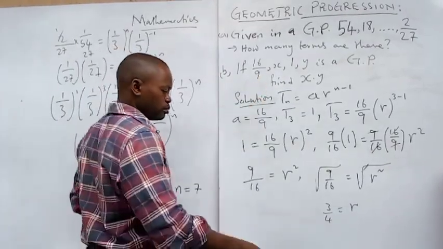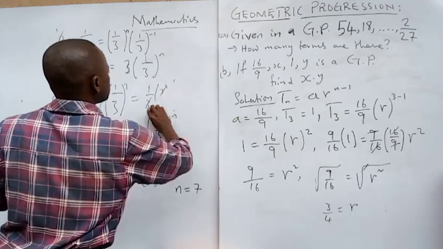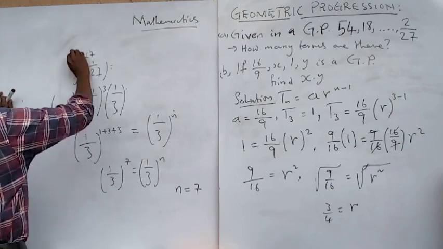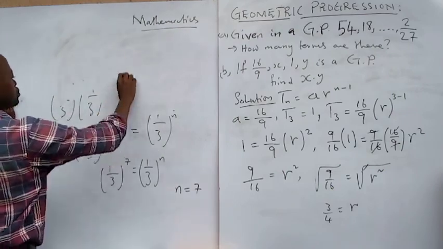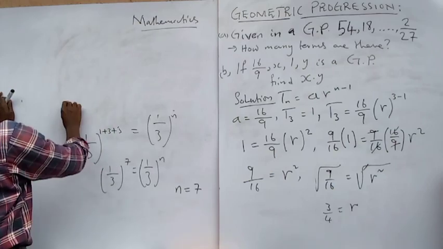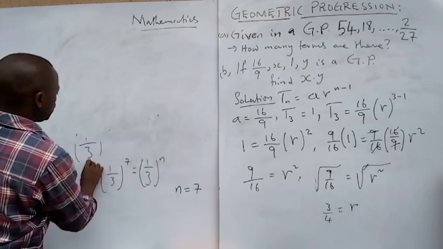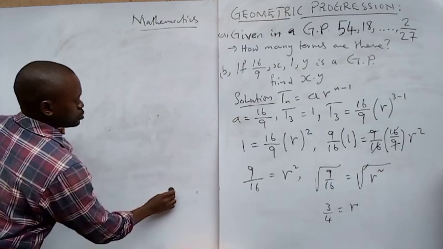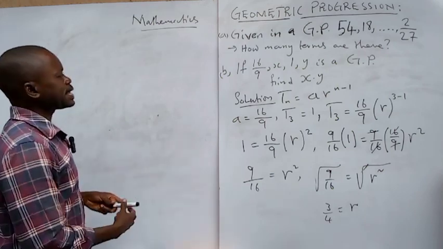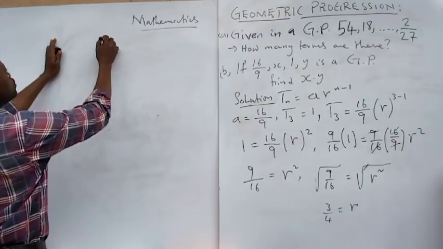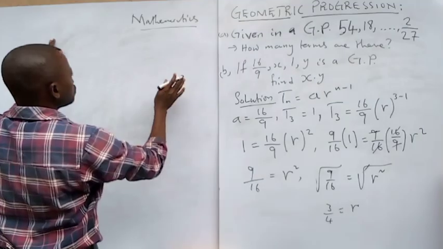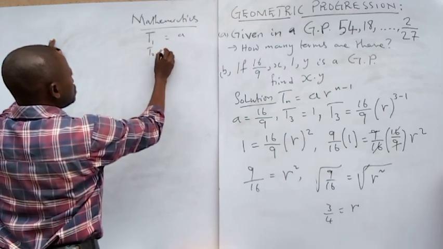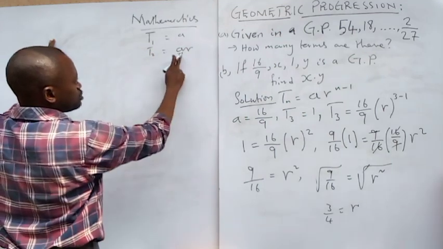Do you remember that I said that in a geometric progression, T1 is A, and T2 is AR, that is first term times common ratio.